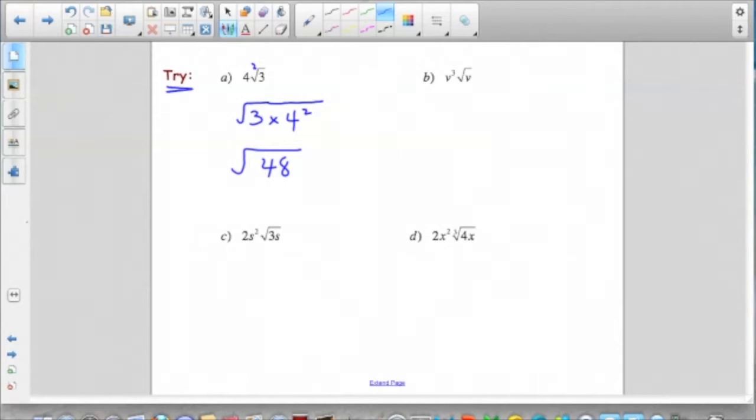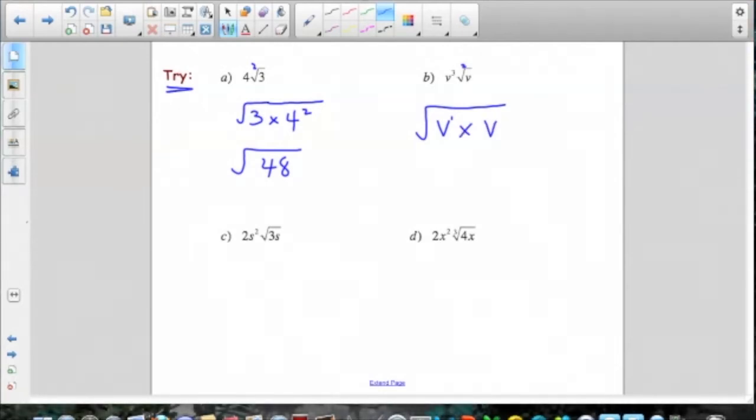All right, so let's move over to B. Again, it's nice to see the index, because sometimes they don't put it. So we know that there is a 2 there. We take the radicand, which we know is v, and we can put a little 1 there, v to the power of 1. And we multiply it by the coefficient, which is 3 to the power of 3. And now we make it to the power of 2.